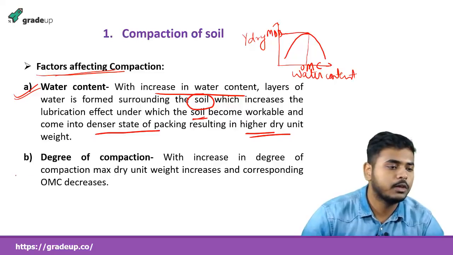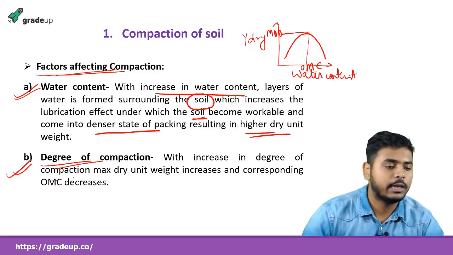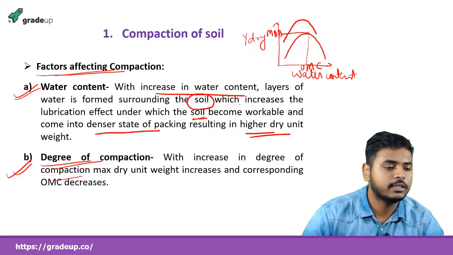Now coming to the second factor, that is the degree of compaction. With the increase in degree of compaction, maximum dry unit weight increases. If we increase the degree of compaction, that is the graph comes like this, we find that the maximum dry unit weight, that is this value, increases, and the corresponding OMC decreases.